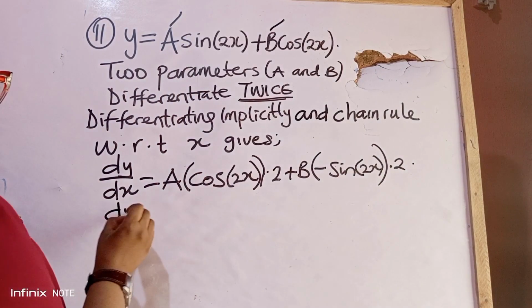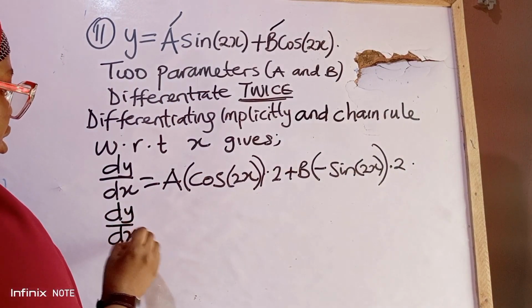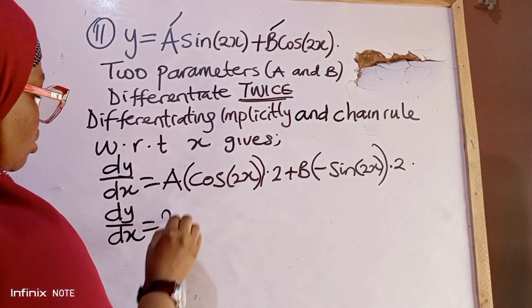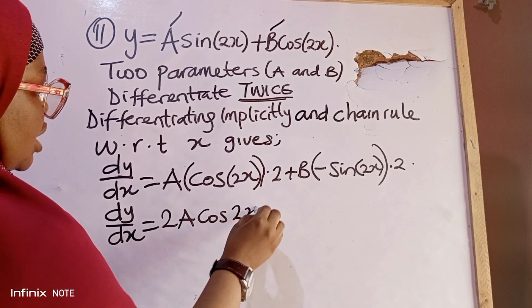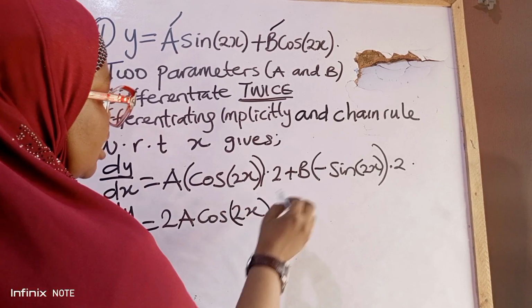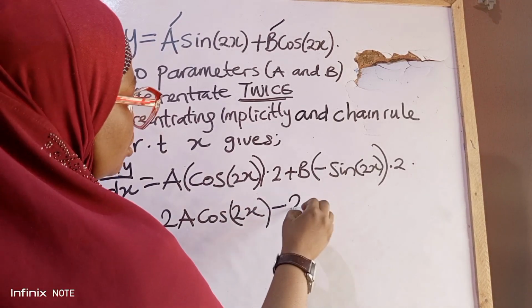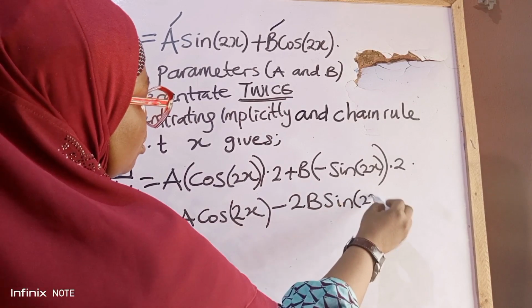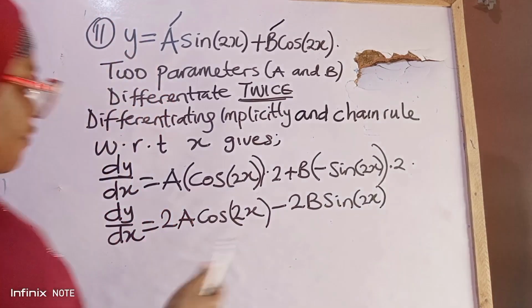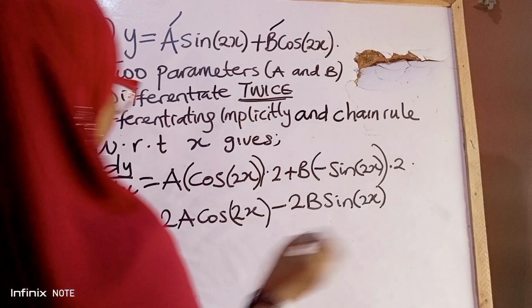So dy/dx equals 2A cos 2x minus 2B sine 2x. That is the first differentiation.